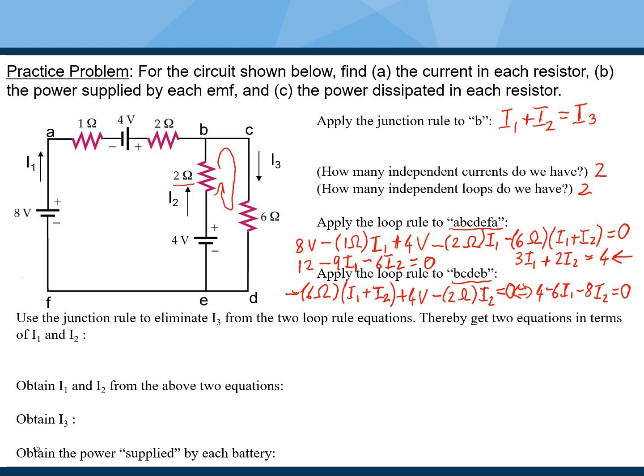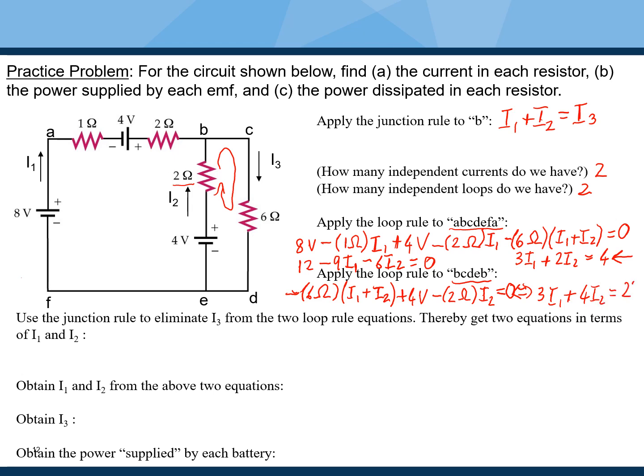So I would obtain 3I1 plus 4I2 is equal to 4 divided by 2, which is 2. Why not simplify this equation one step further and write it in its absolute simplest form: 3I1 plus 4I2 is equal to 2.